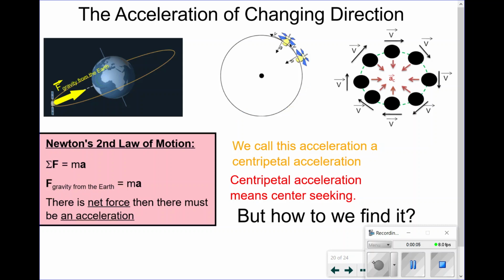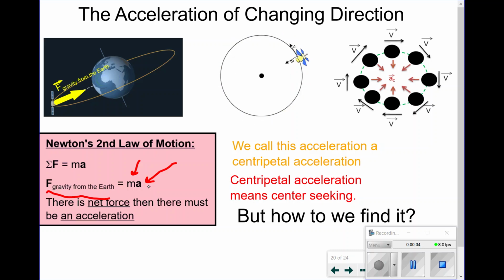So we know that using Newton's second law, we could say that the force of gravity that pulls an object in orbit around something, such as a satellite around the Earth, must equal the mass of that satellite times the acceleration of that satellite. This always works. This is Newton's second law, true for all net force situations, for all forms of acceleration caused by a force.